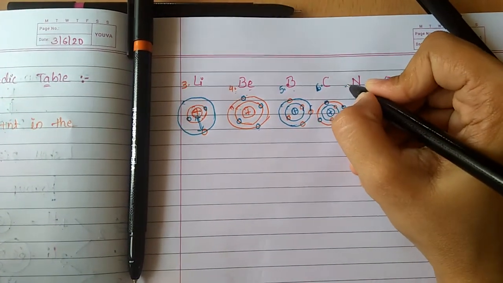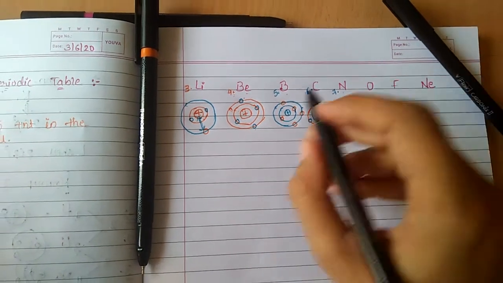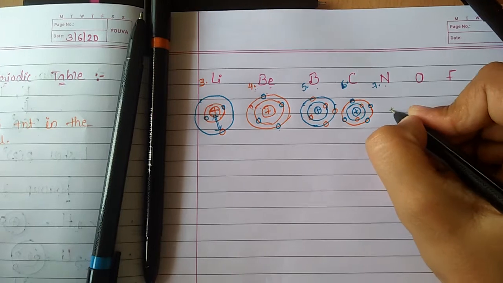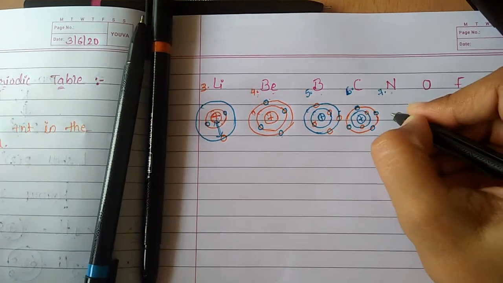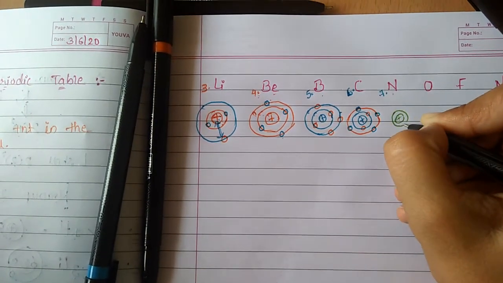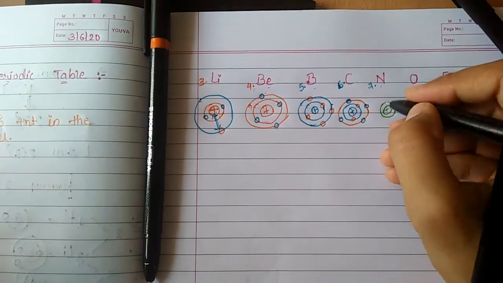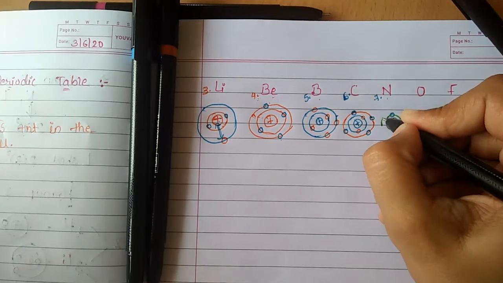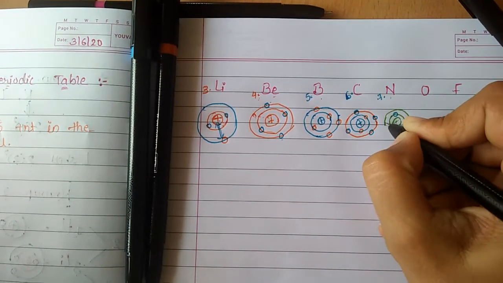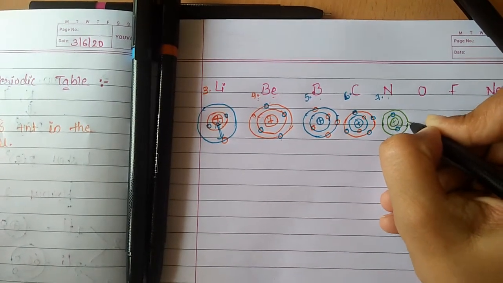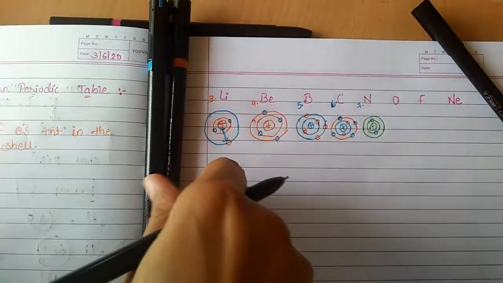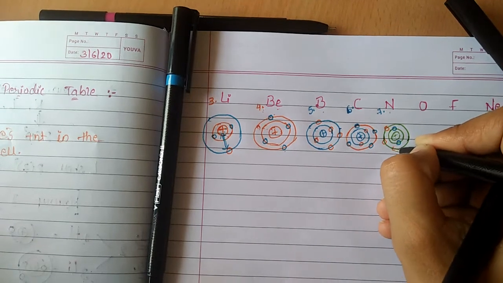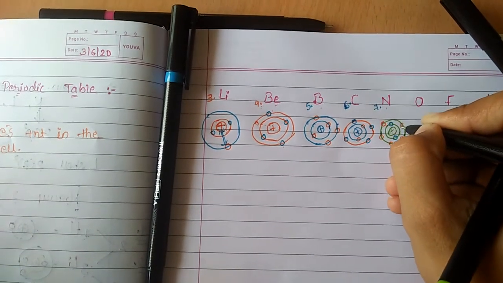Likewise, moving to nitrogen, atomic number is 7. The first shell can accommodate 2 electrons, 1, 2, and the second shell can accommodate 5 electrons, 1, 2, 3, 4 and 5.